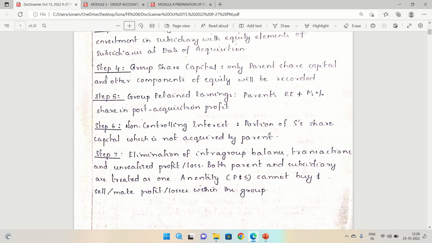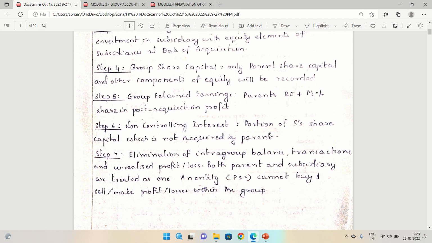Okay, another example, the parent company controls 60% of the subsidiary company. What is the NCI? 60% is controlled by the parent company and the remaining 40% will be considered as NCI or non-controlling interest. Okay, so the portion of the subsidiary's share capital which is not acquired by the parent is known as non-controlling interest.